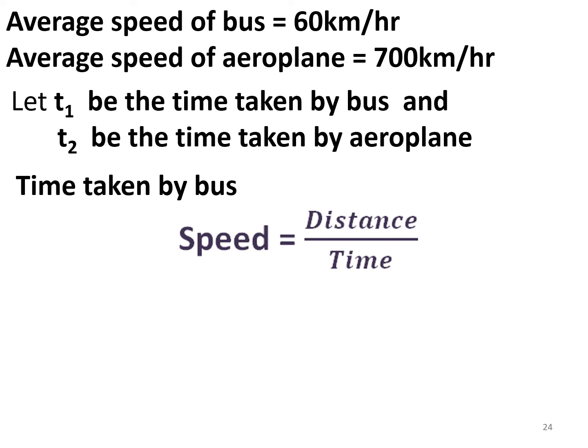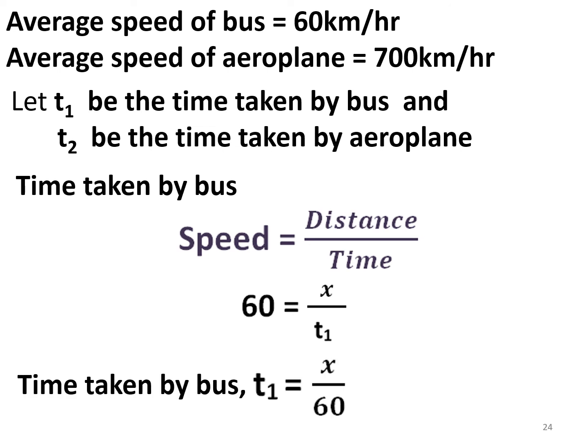So when I substitute these three values in my formula, the formula turns to be 60 is equal to x upon t1. Rearranging the equation and writing it in terms of time, T1 is equal to x upon 60. So the time taken by the bus is nothing but x upon 60.